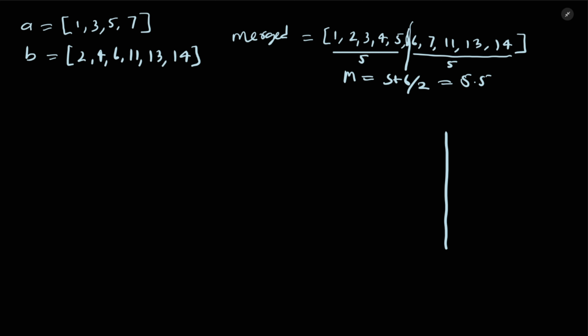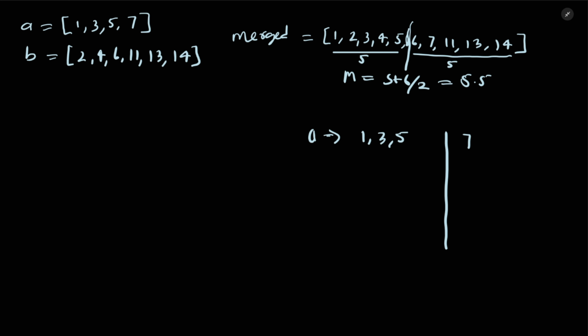Okay, so let me write this left side and right side elements in order, but I will use array A and array B. So let's say this is the element that I am getting from array A. I'm having 1 3 5 from array A, so I can write 1 3 5 here, and what is on the right side from array A, that is 7.